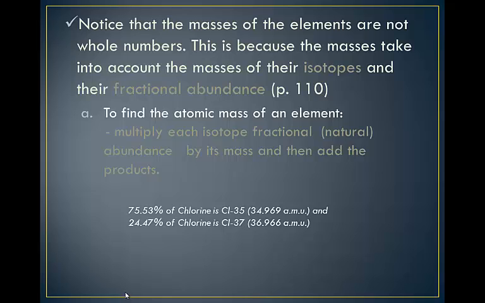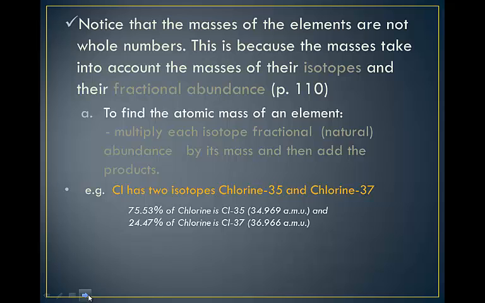To find the atomic mass of an element, we multiply each isotope's fractional abundance by its mass and then add those products together. So when you multiply it by the percentage as a decimal, that means the part of the mass that comes from that particular isotope. So at the end, when we add them all together, that represents the total mass of all of the isotopes.